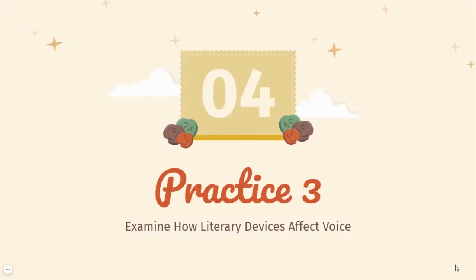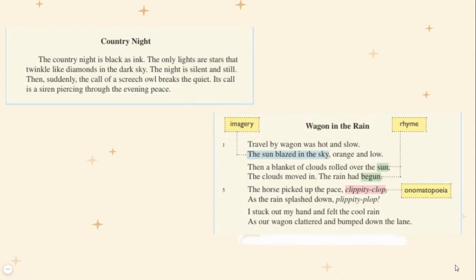Part 4, Practice 3. Examine how literary devices affect voice. "Country Night" and "Wagon in the Rain" both describe a country setting, but "Country Night" uses metaphor and simile, which gives that selection a scarier feeling.